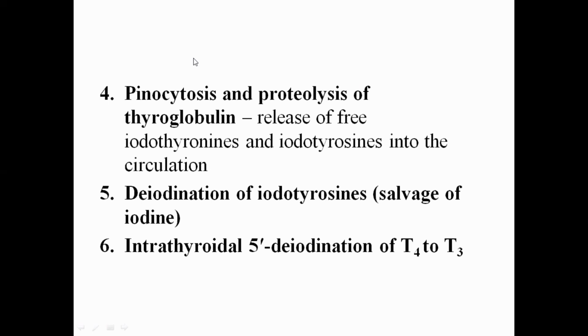The remaining iodotyrosines, which are not able to form iodothyronine, have their iodine removed by deiodination enzymes, and this free iodine is reutilized for the synthesis of thyroid hormones. Some of the T4 can also be converted to T3 in the thyroid gland itself via the deiodinase enzyme.